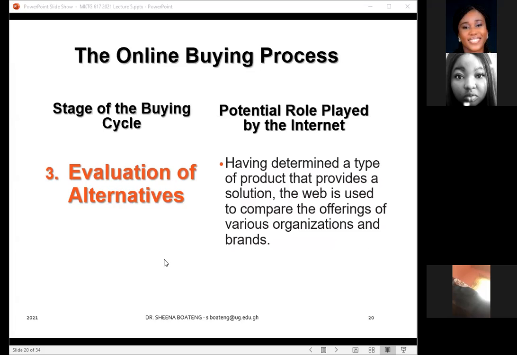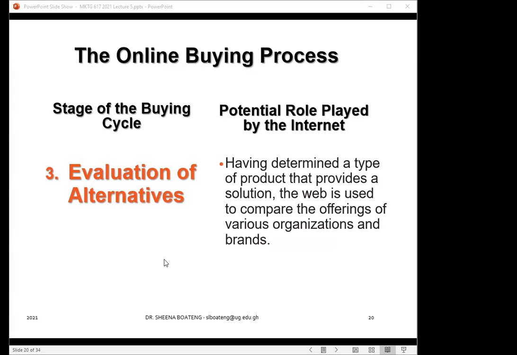Having determined the products or services that provide a solution to this need, they sometimes use the web to compare the features of these offerings, to compare the experiences that people have had with them, to determine whether they are good enough to satisfy the need, and which one will be the best out of the lot to go ahead and use.